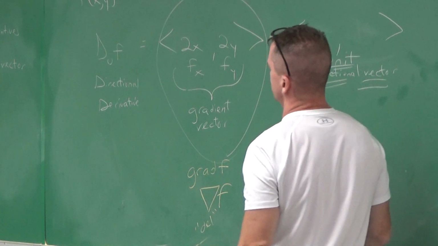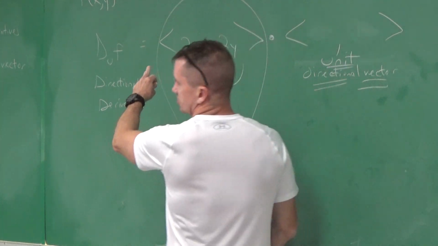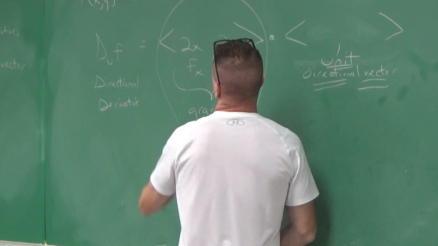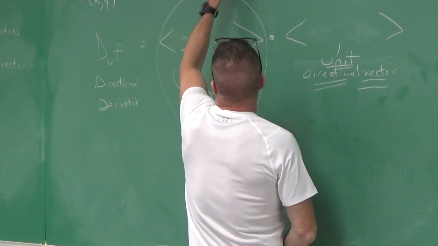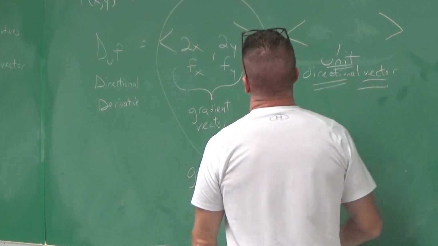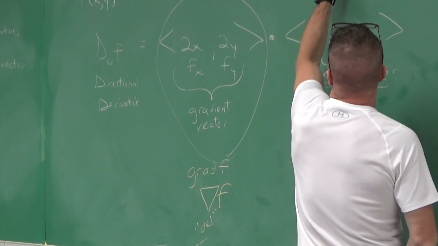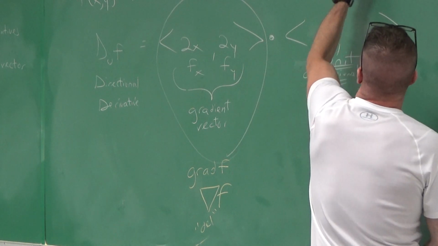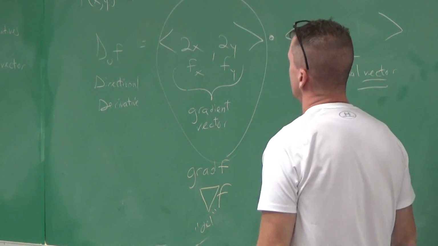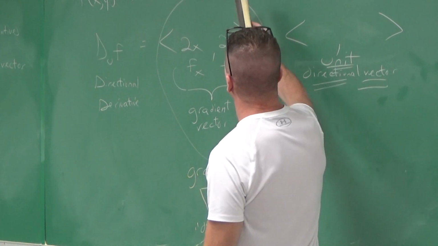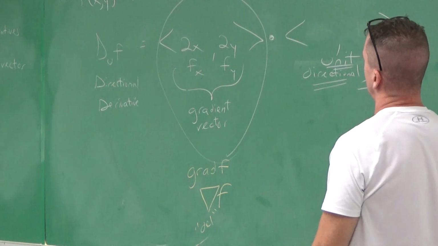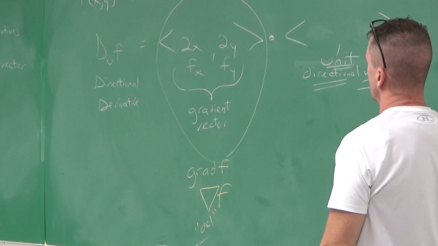So here we go. I'm going to ask you a question. Can you find the directional derivative of this function right here at the point, how about 1, 2, in the direction of this vector, 3, 4? Alright.